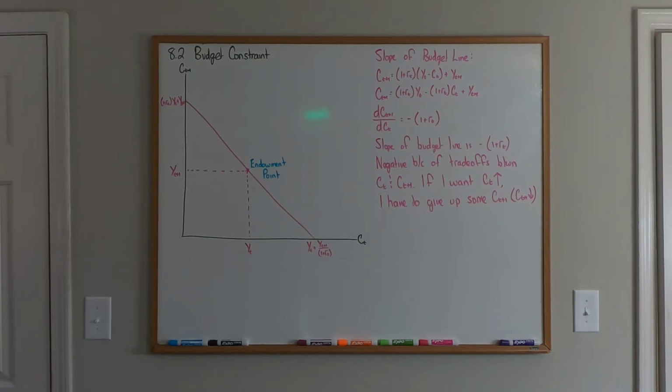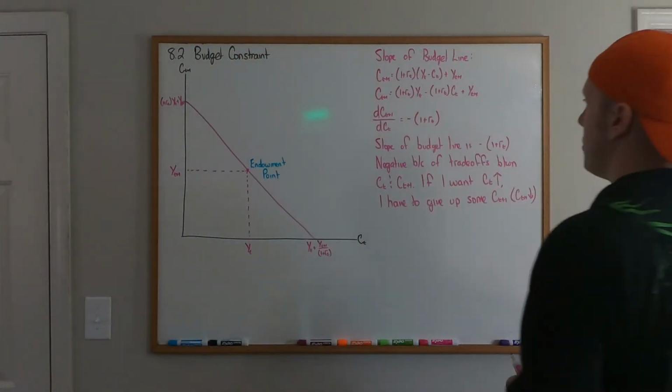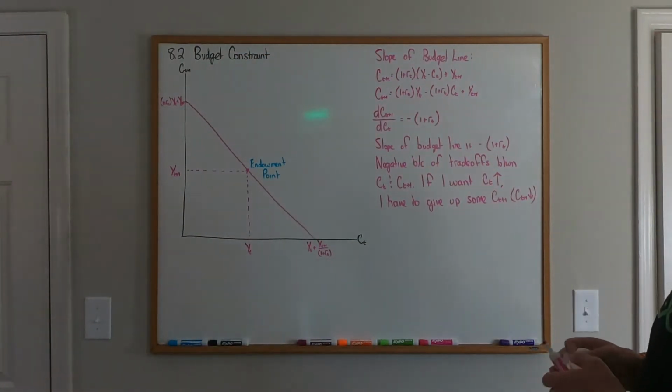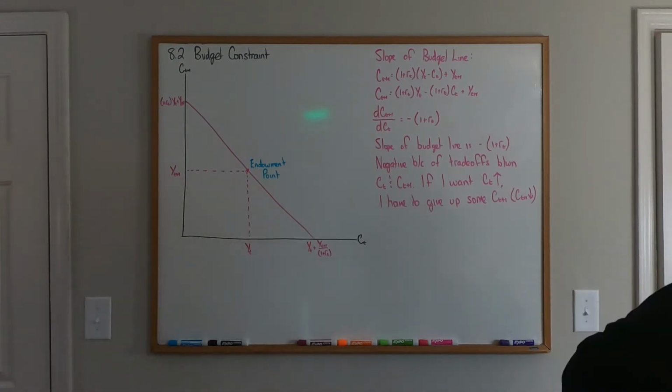I have to save today in order to be able to consume more tomorrow. Resources are finite. We don't have an infinite number of resources, so if we want to consume more today, we have to give up some consumption tomorrow.